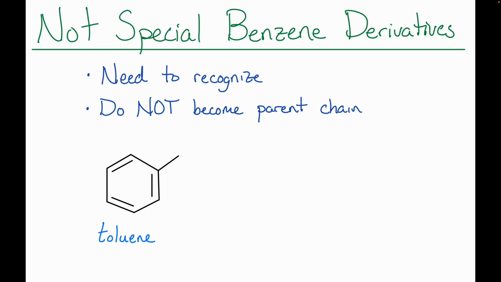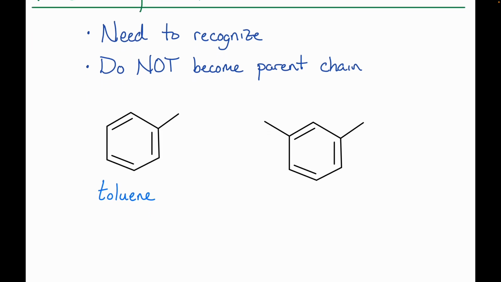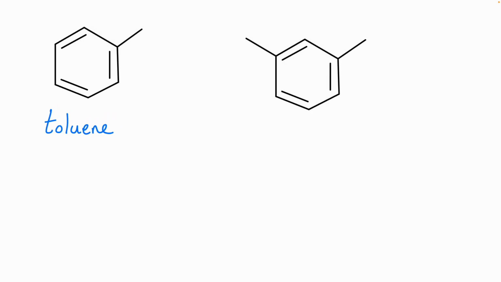Now all of a sudden we would just treat it like we normally would, but this molecule all by itself is called toluene. And if we had two methyl groups on there, this wouldn't be dimethylbenzene. This also has a special name. This is the coolest one of them all. This is xylene.